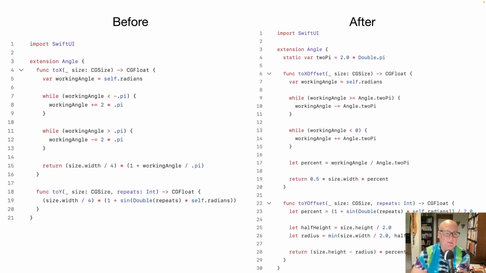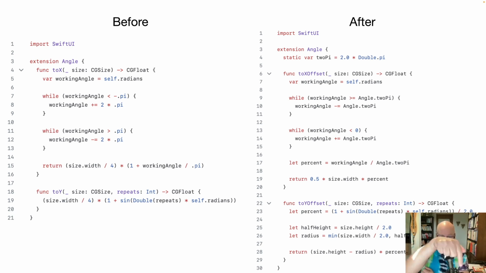Okay, so this is before on the left. The first part, lines 5 through 13, is basically scaling the angle into 0 to 2 pi minus epsilon, almost 2 pi. Then you can see in line 15, we took a quarter of the width.